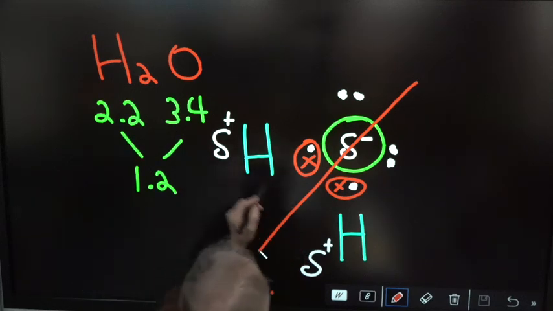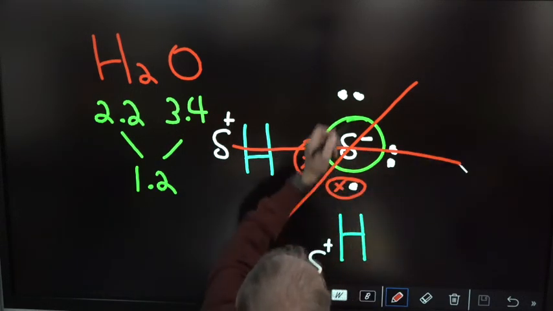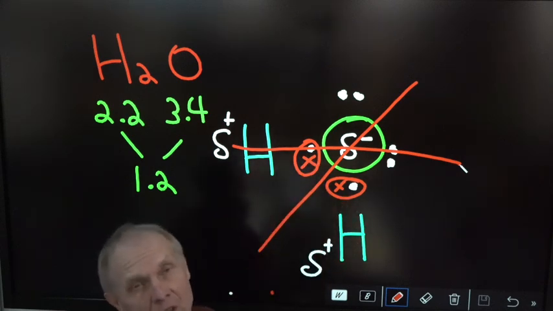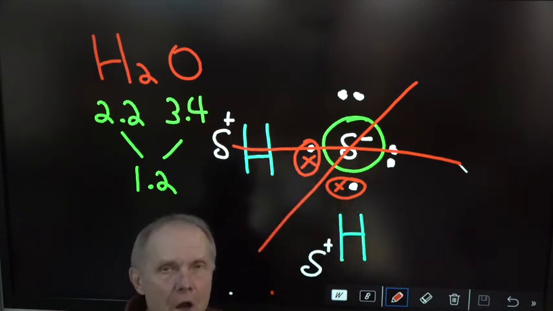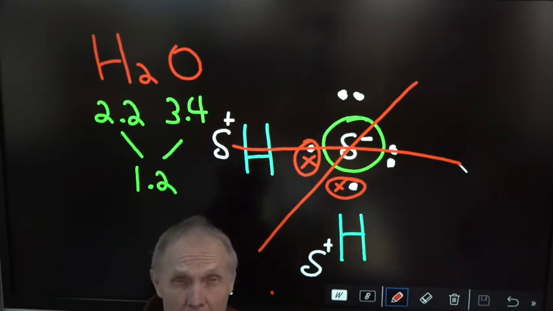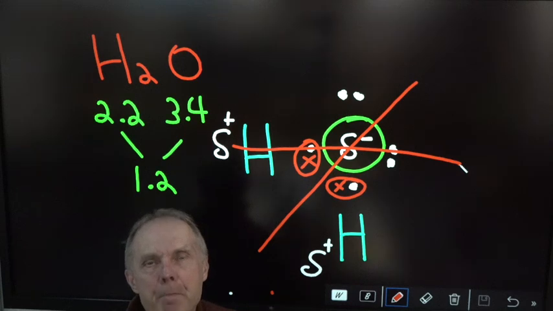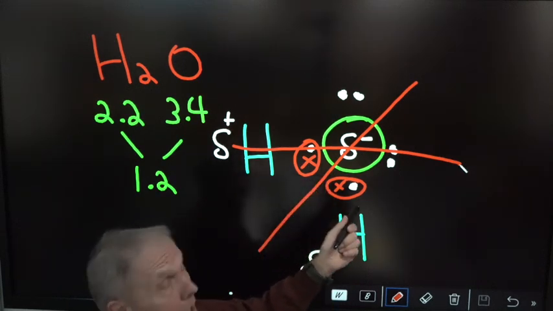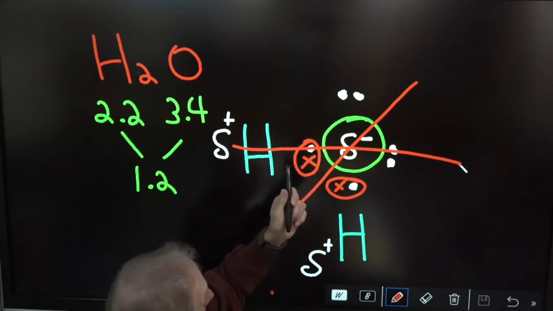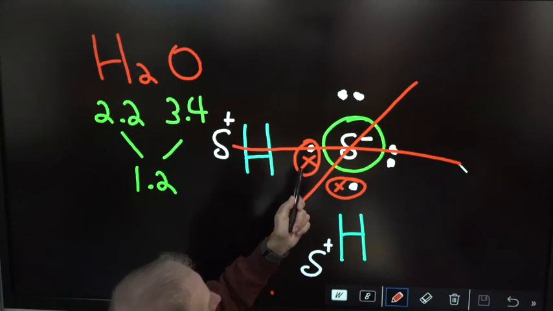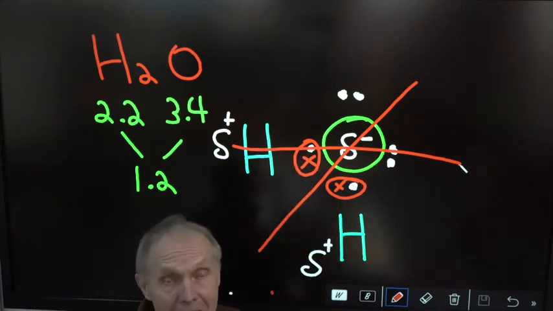But if I cut it this way, there's no H up there, so this molecule is asymmetrical. And what we know is this. If the molecule is asymmetrical, it must be a polar molecule. So H2O has polar bonds, unequal sharing, and is also considered a polar molecule because it's asymmetrical.